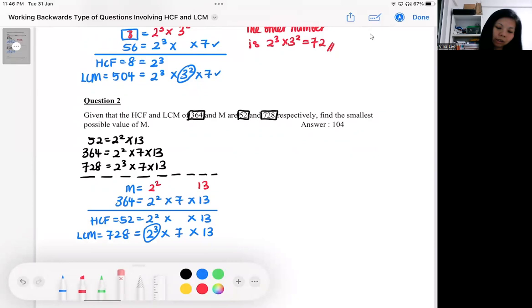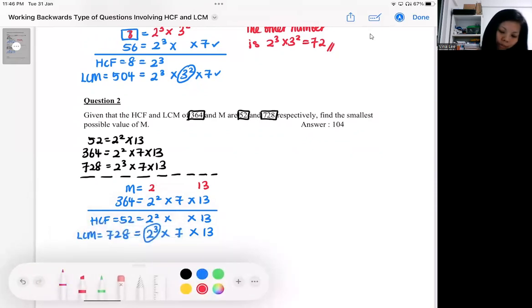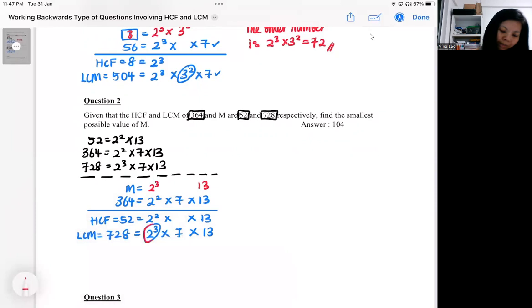We know that just now when we observed the HCF, it should be 2 square at least. So now in this case, I know that it has to be a 2 cube, because this 2 cube must come from somewhere. It should come from m. So the smallest m will be 2 cube times 13, which gives you 104.